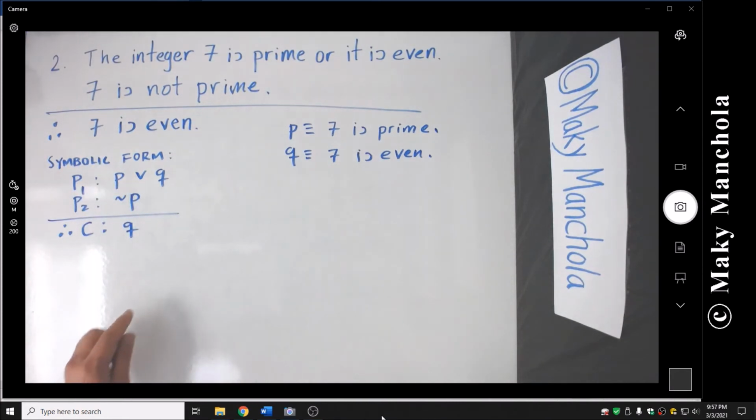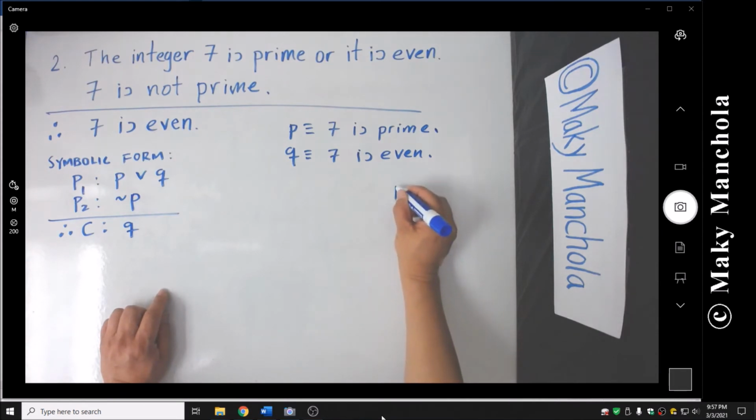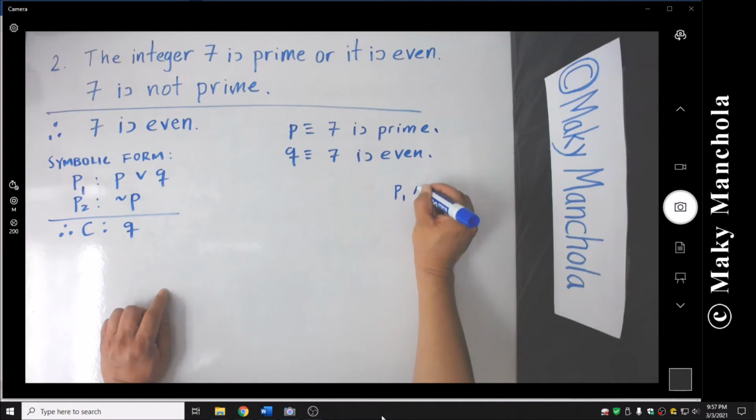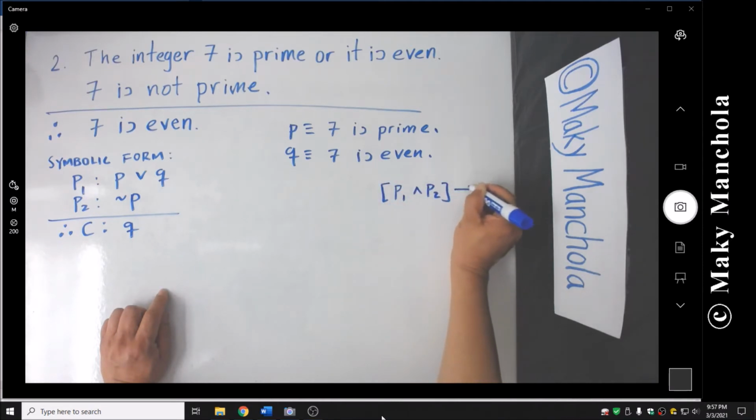So now let's form the conjunction of the premises implies conclusion.